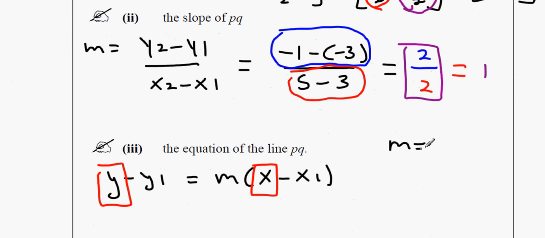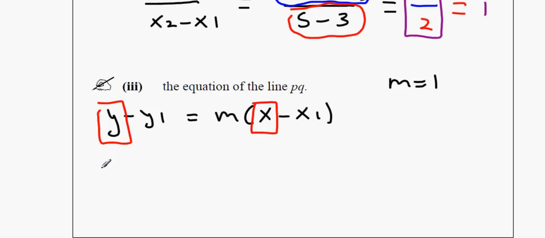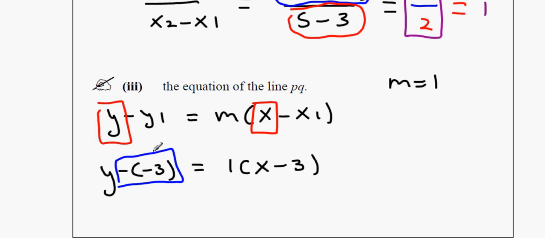The slope is 1. So therefore what we can do here is we can say y minus 3 equals 1 into x minus 3. I'm going to ask you to put this blue part into your calculator, and we're going to get plus 3.